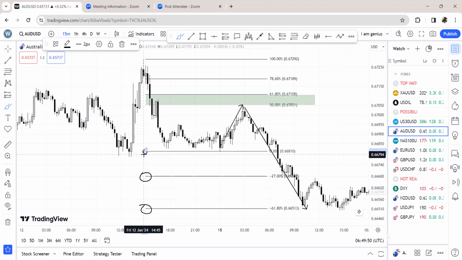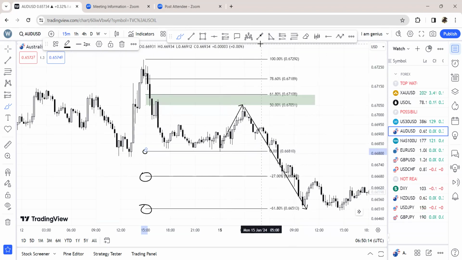Extension levels just give you where you should put your take profit. Sorry, take profit only for the extension levels. Then after the golden ratio, that's where you get where to put your stop loss. Now what that means is this. For instance, if I was to take this trade, here's my thought process.